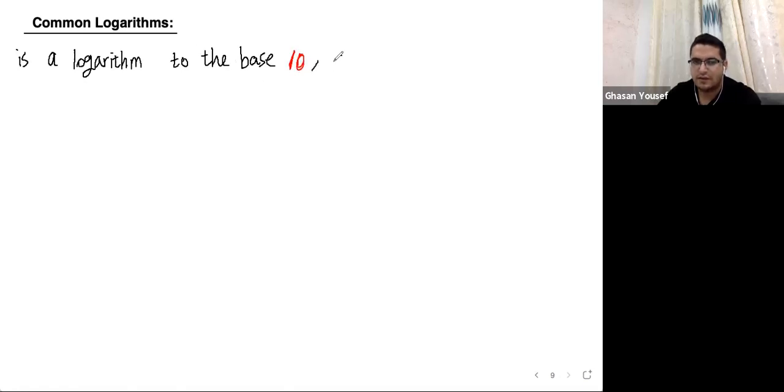So we can define it as log x to the base 10. We can always write it as log x without any base.